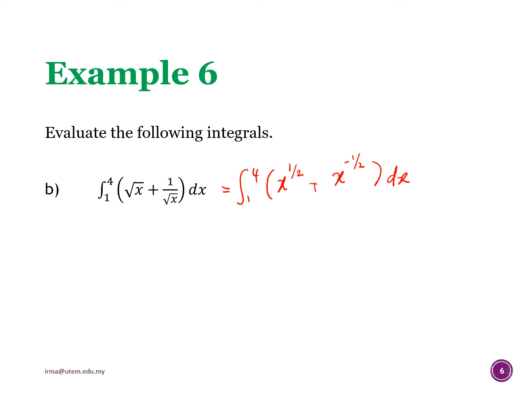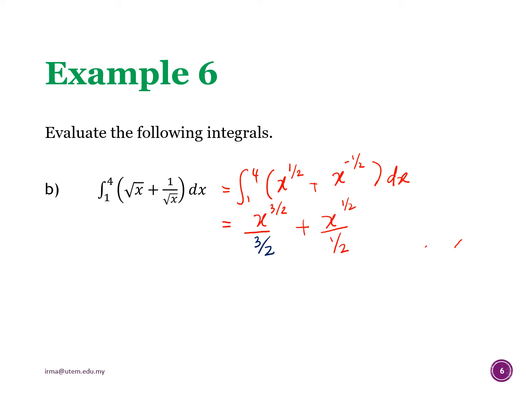So this one, integrate, you get x to the power of 3 over 2, over 3 over 2, plus x to the power of negative half plus 1, so you get 1 over 2, and then over 1 over 2.